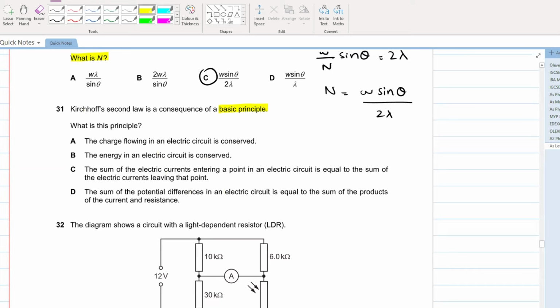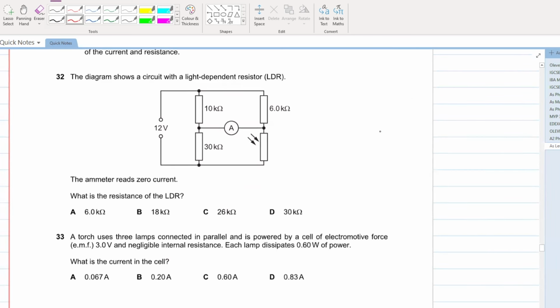Kirchhoff's second law is based on the conservation of energy in an electric circuit. Law of conservation of energy. Simple as that.